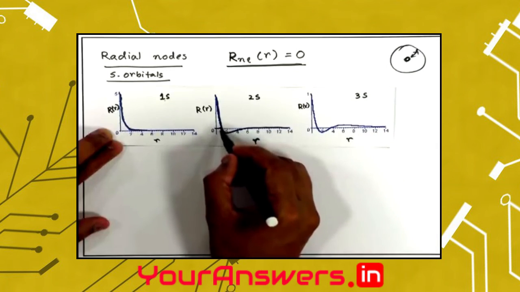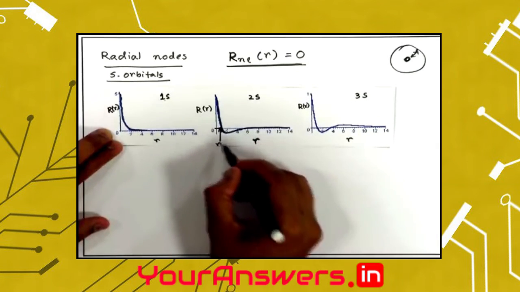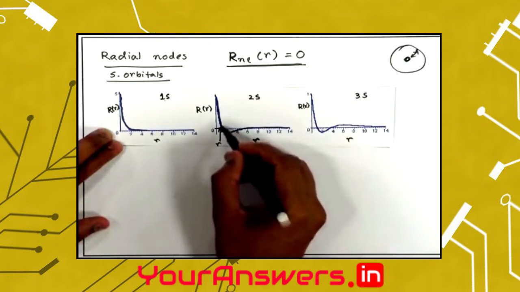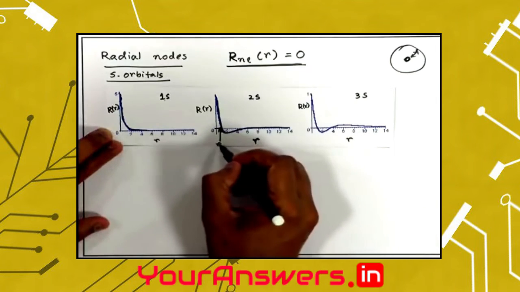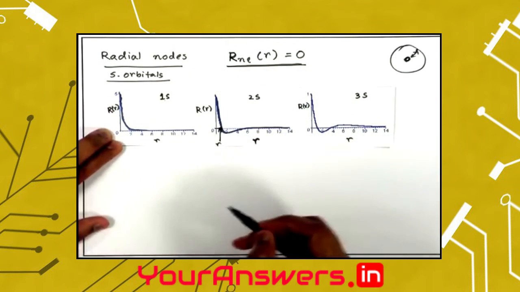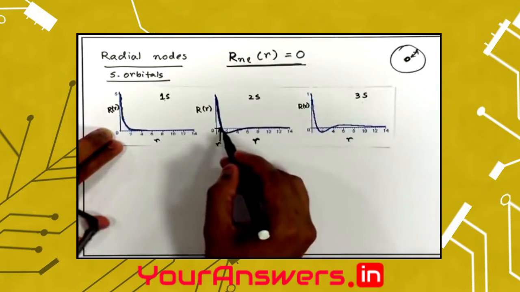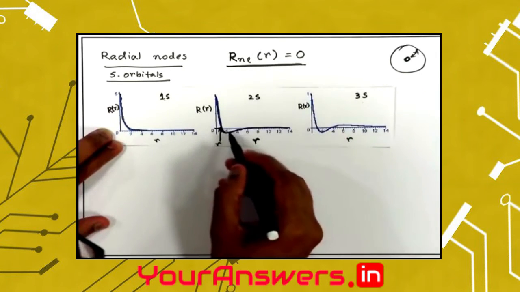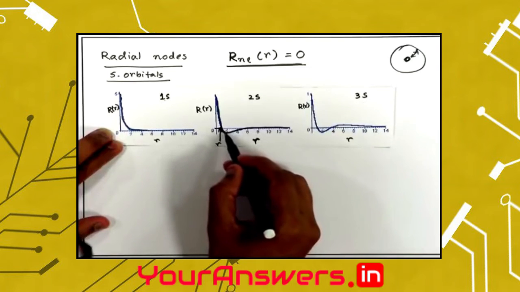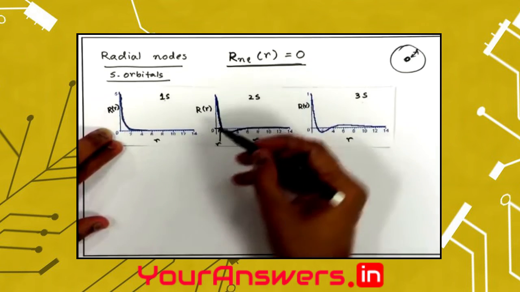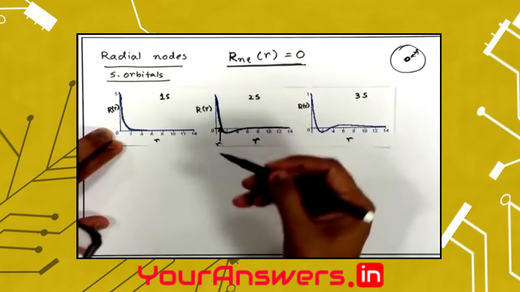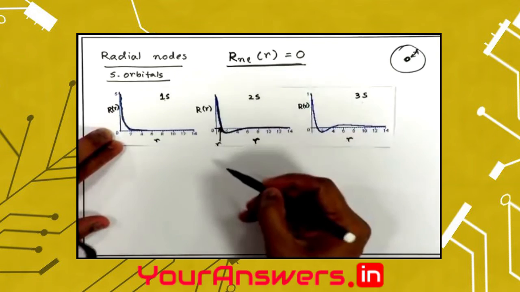So, at this value of r, the wave function is 0. That means at this value of r, the probability of finding the electron in the 2s orbital is 0. But as you go to higher values of r, the wave function has some negative value, but when you square it to calculate the probability, of course it becomes positive.